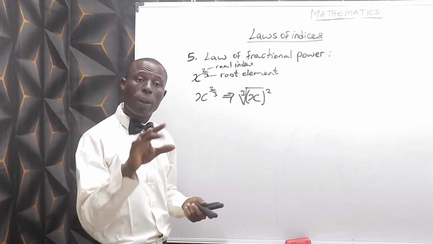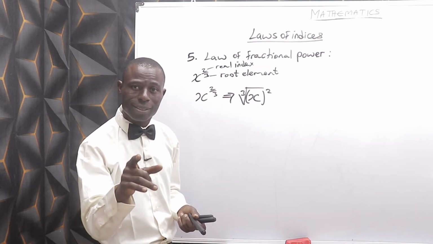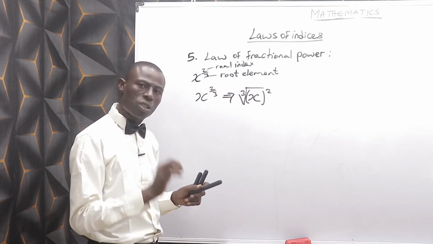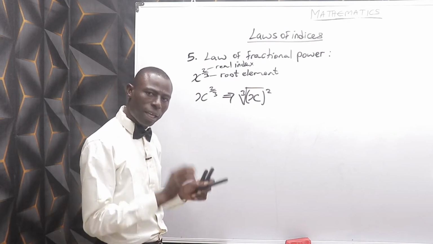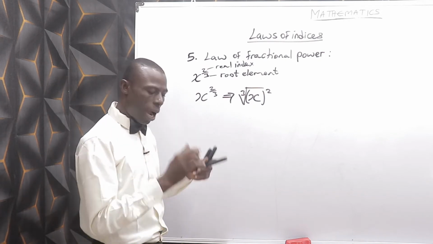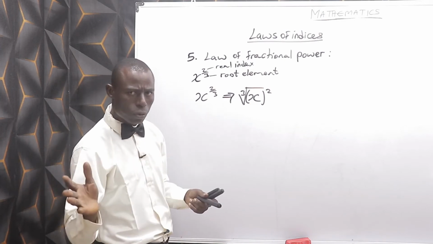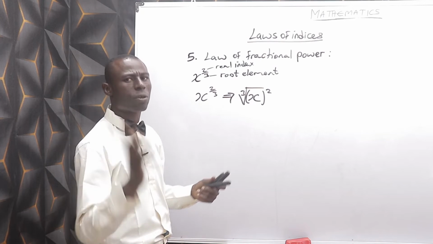What kind of root will power 2 suggest? Good. Square root. Power 2 will suggest square root. Power 3 will suggest cube root. Power 4 will suggest fourth root. Power 5, fifth root. Power 6, sixth root, and so forth.